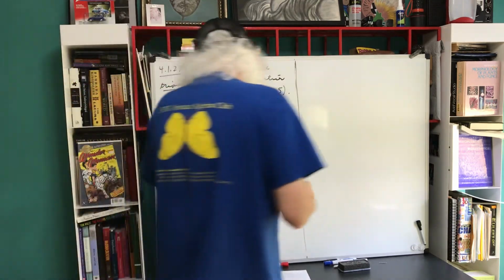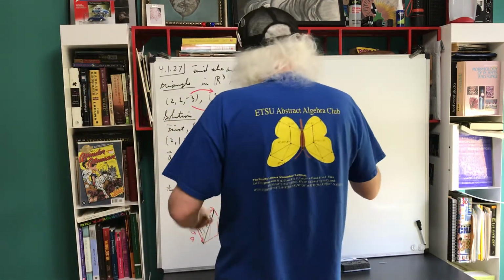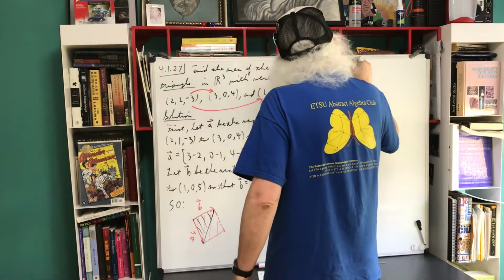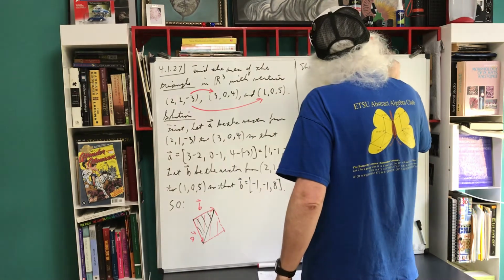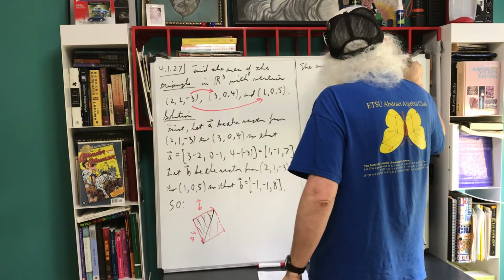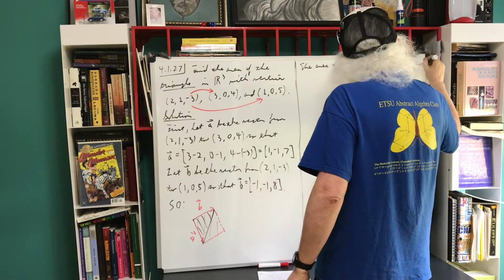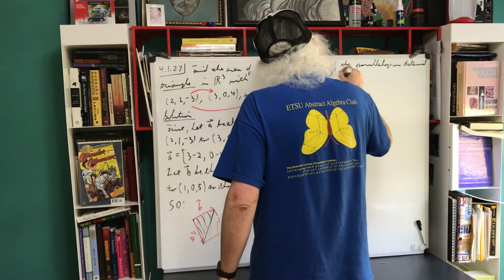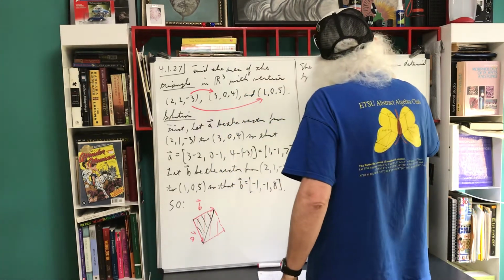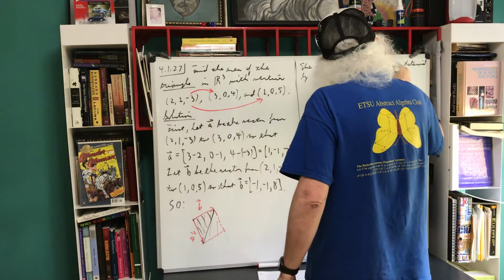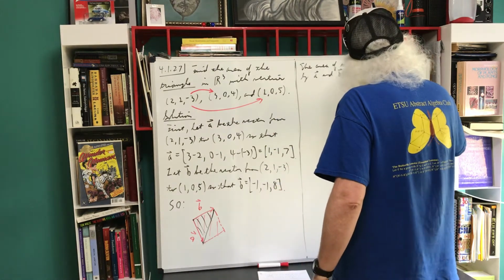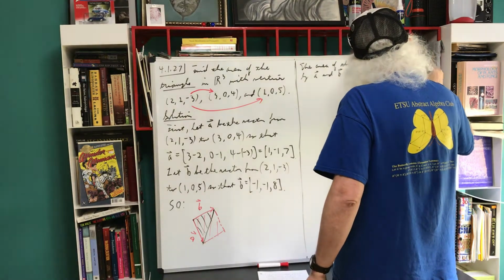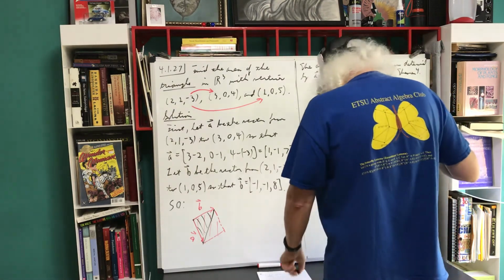So this lets us introduce an application of cross products. The area of the parallelogram determined by 2 vectors A and B is the norm of the cross product, by theorem 4.1.a.